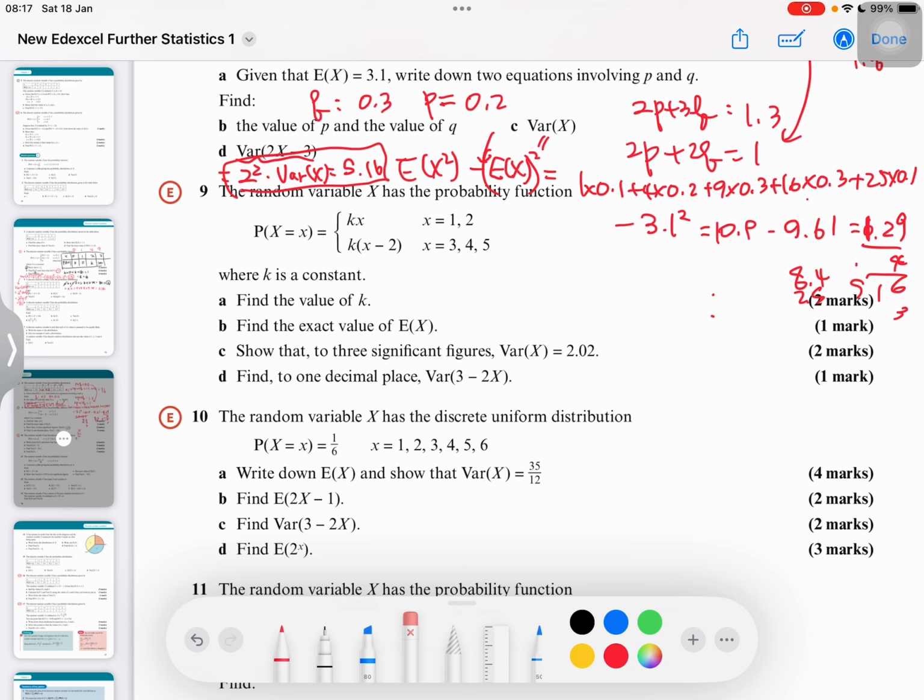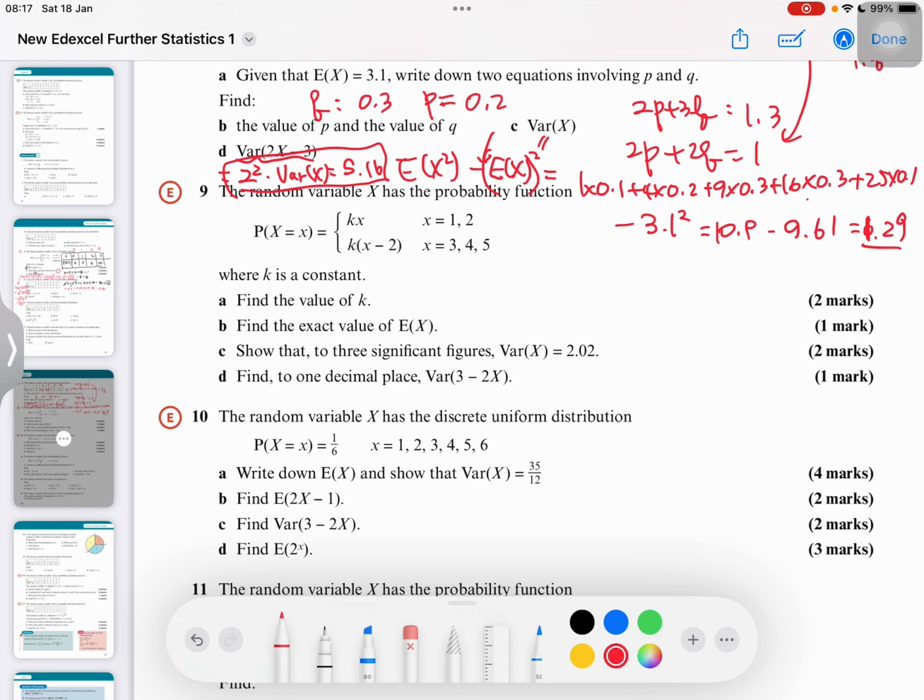Again, we can compose a table with 1, 2, 3, 4, 5. When we add the probabilities together, we need to get 1. Then you can find k. And you can sum up all the products of x and probability, then you will find the exact value of E of x.